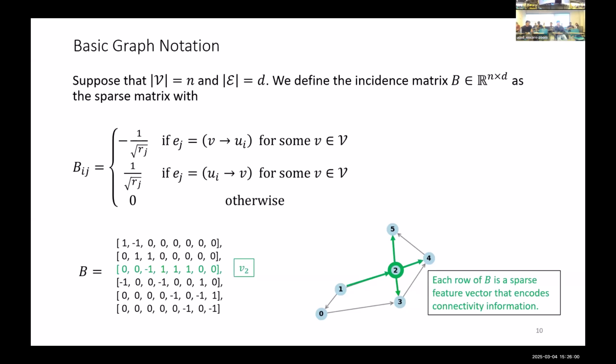On the other hand, each row of this incidence matrix can be seen as an encoding of the connectivity of that vertex. So for vertex 2, that's the third row of the incidence matrix, and it tells us that 2 is connected to 4 edges.